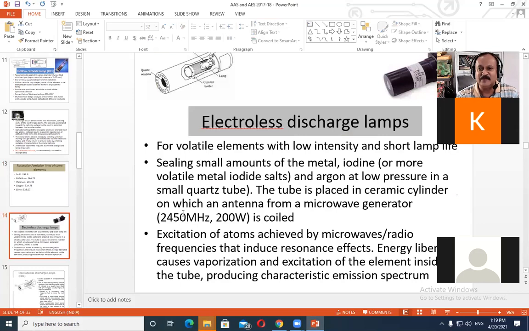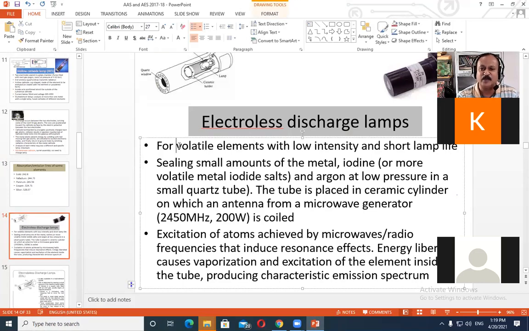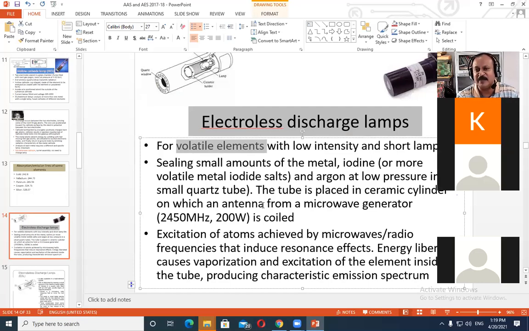Then we have another kind of lamp called an electrodeless discharge lamp, that is especially useful for very volatile elements. The problem with volatile elements is that if the cathode is made of that particular element, then the life of the lamp is not very good. Not only that, but the intensity of this lamp is not uniform, and it could be low intensity.